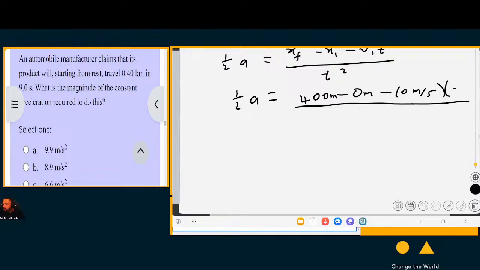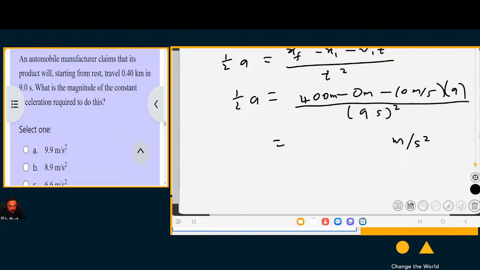And the time is 9 seconds, 9 seconds squared. So the answer on top would be in meters, and on the bottom it would be seconds squared. If you work this out, 400 minus 0 is still 400, minus 0 is 400. 400 divided by 9 seconds.